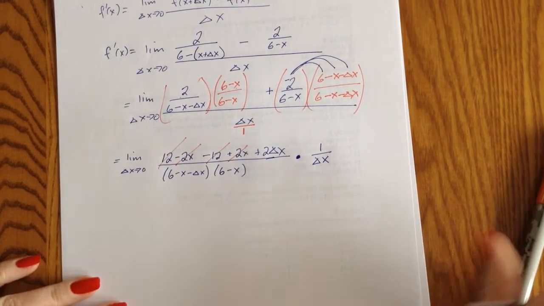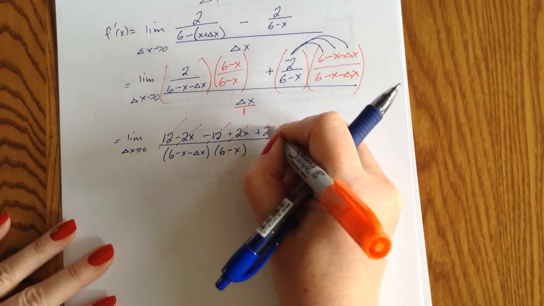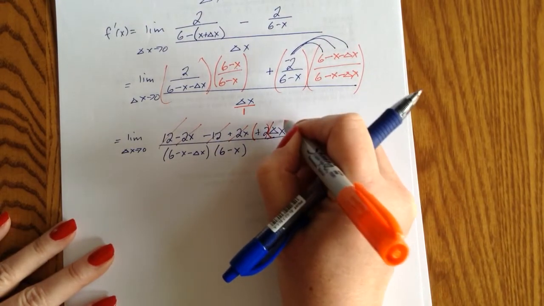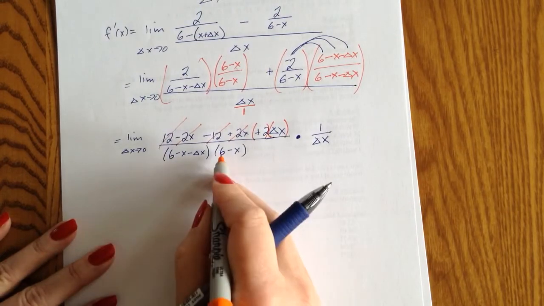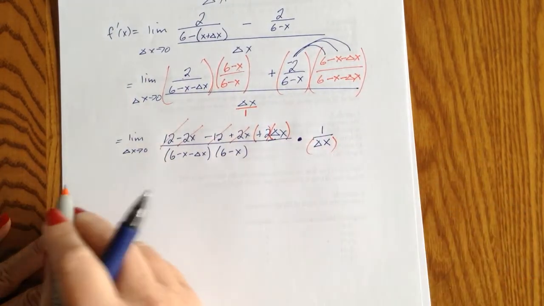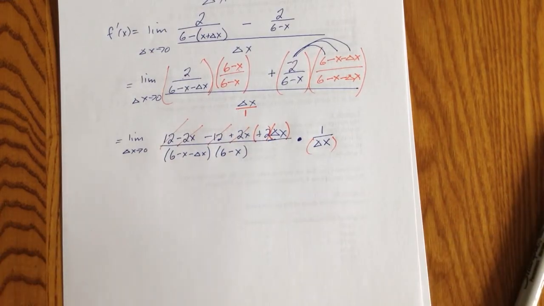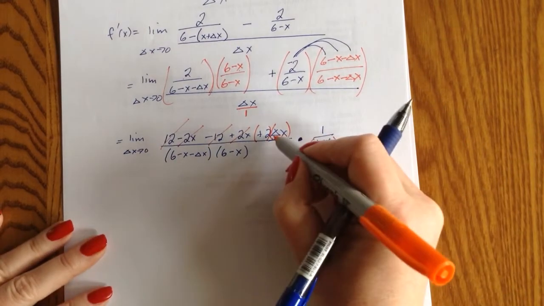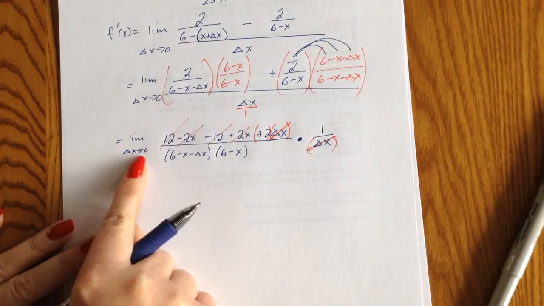All right, so what do we have now? Well, the numerator is factored. It is a positive 2 multiplied by a delta x. The denominator is factored. It's this multiplied by this multiplied by this. We are already factored. Now we can cancel. The delta x's cancel. And now we plug delta x equals 0 back in.